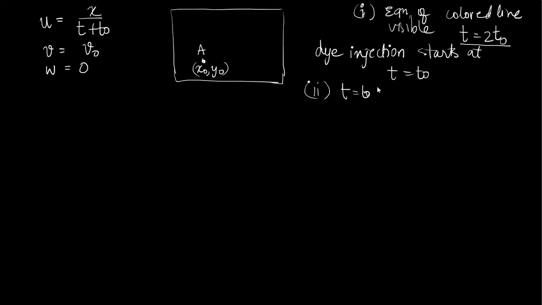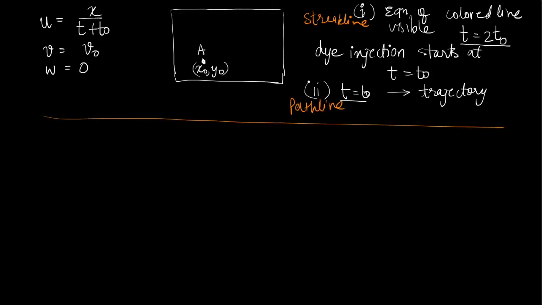So at t equal to t naught, whatever particle is pushed at point A, we want to know the locus of that single point, meaning we have to find the trajectory of a single point. That is the path line for a particle injected at point A at t equal to t naught. So this is to find the streak line and this is to find the path line.